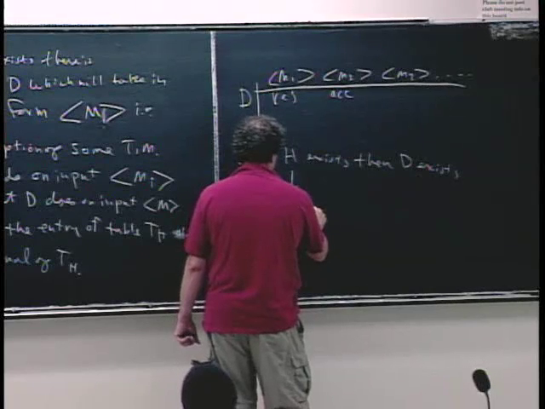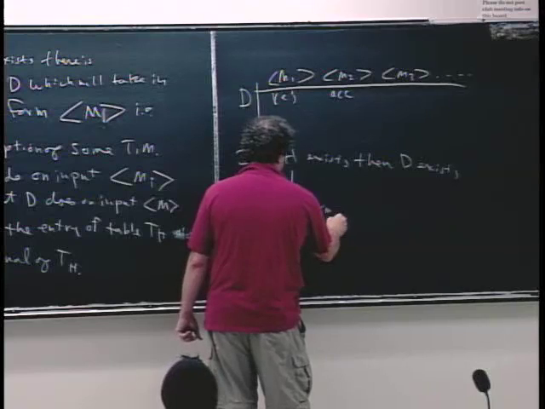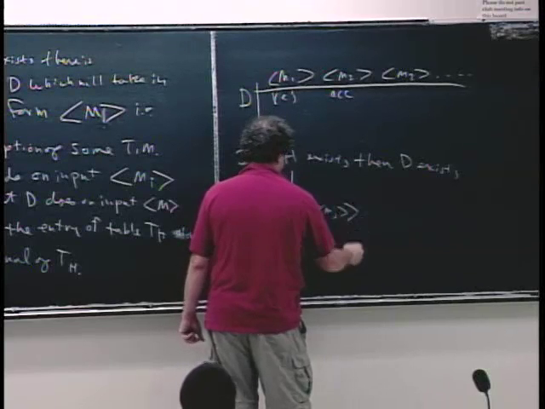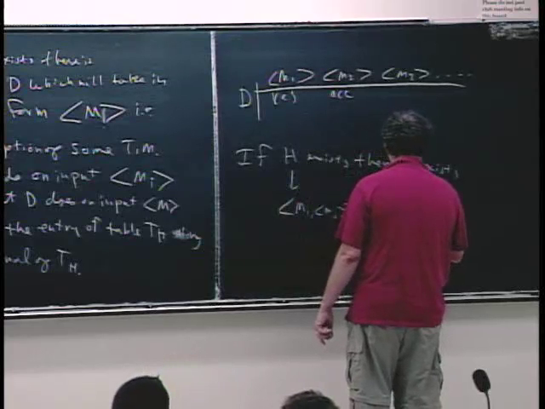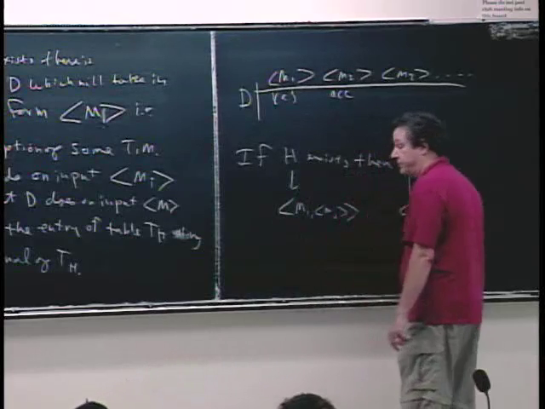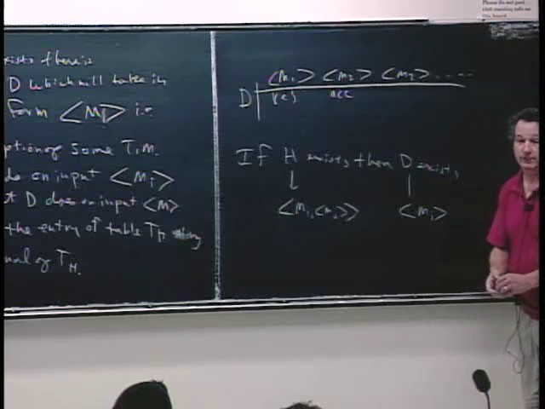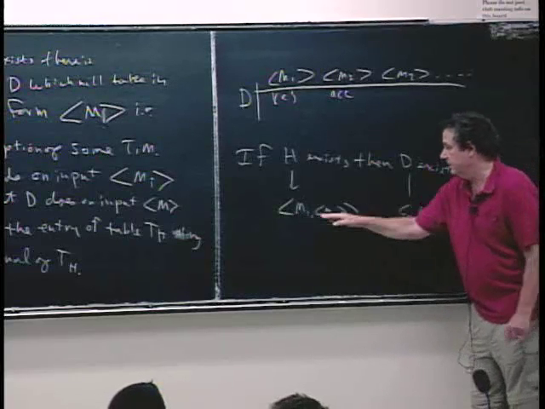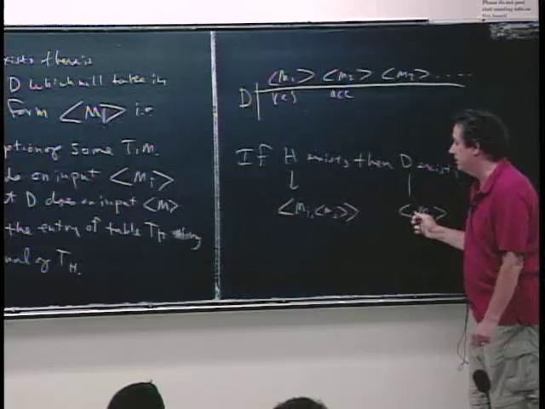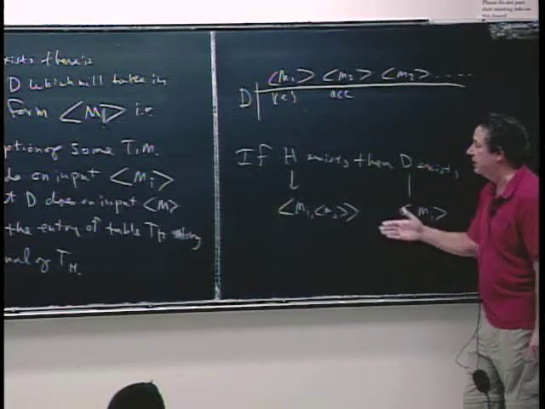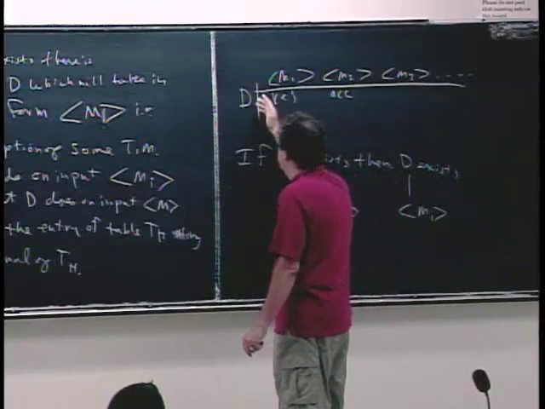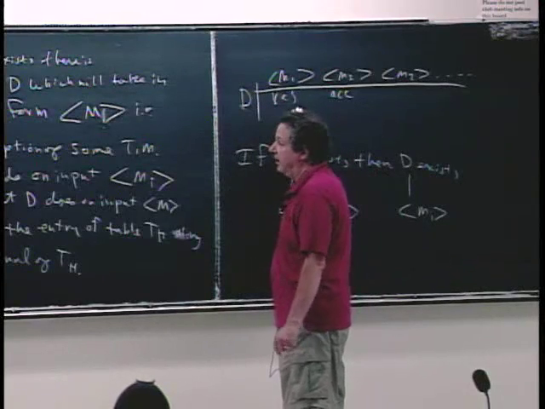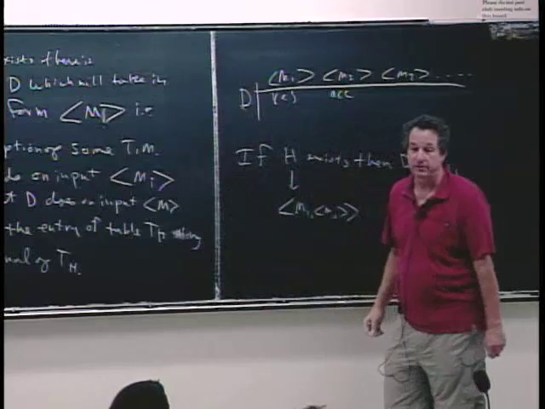But again, H takes in a different kind of input. It takes in M_i, M_j, and D only takes in a description of a Turing machine. So H takes in two pieces, D only takes in one. But if H exists, then how do we know that D exists?